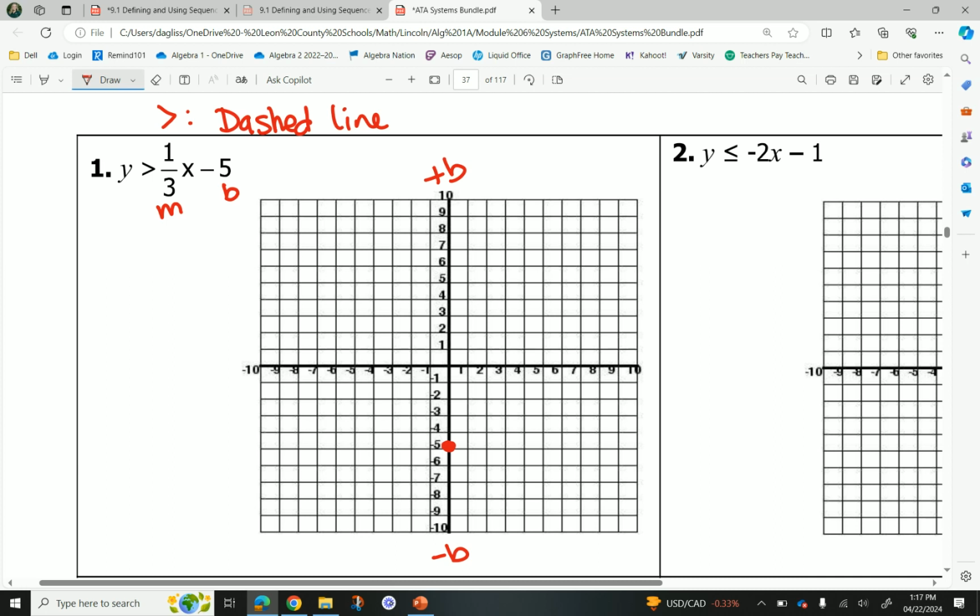How are we going to move from there? If it's 1/3, we're going to go up 1 and over 3. Up 1, over 3. I could also go down and backwards. Down 1, backwards 3.